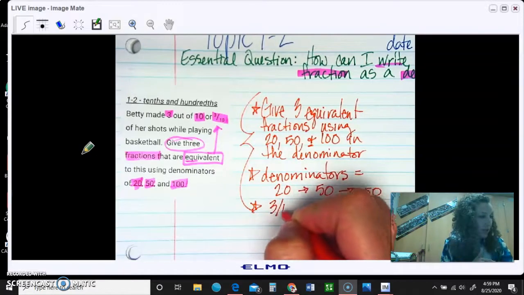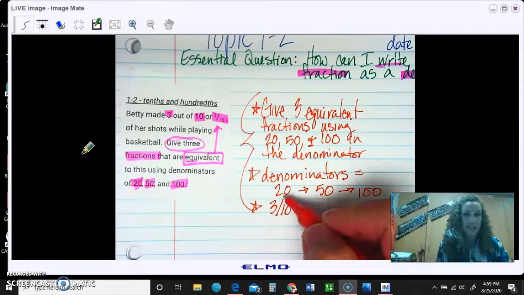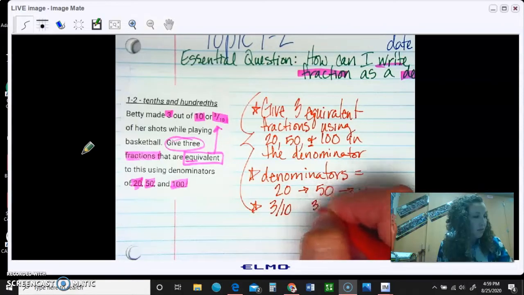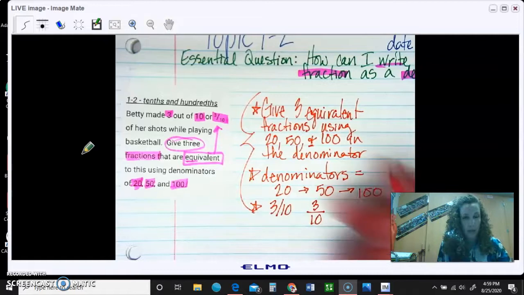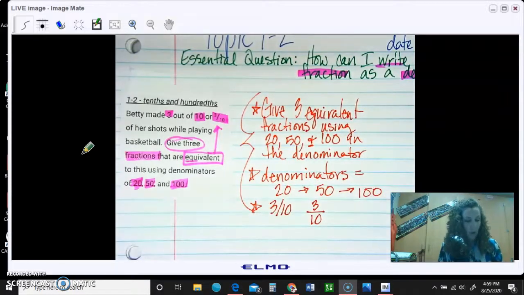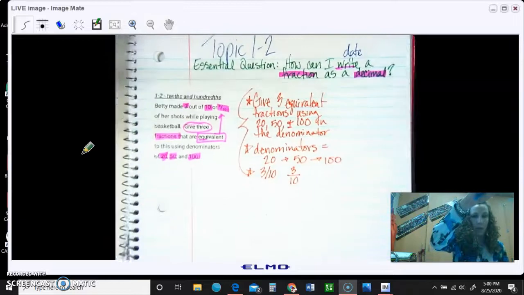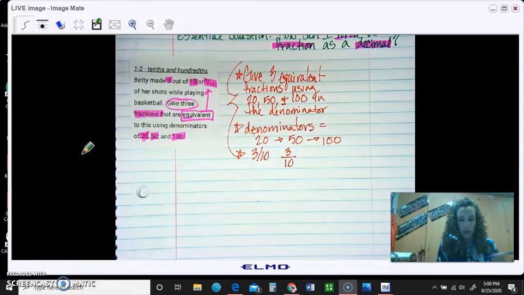So 3/10. Okay, now notice that I wrote the fraction with the slash, okay? But that's the same thing as 3 with a straight line and a 10 as the denominator, okay? It just looks a little different, takes up a little less space. Okay, so that's my brace map. Now I'm going to start working on this, okay? So I'm going to take the first number that I'm thinking about.